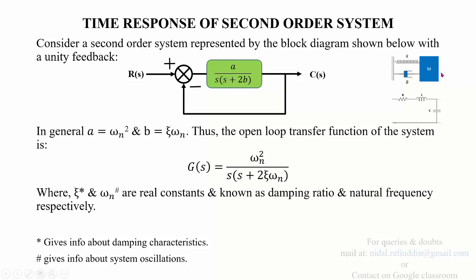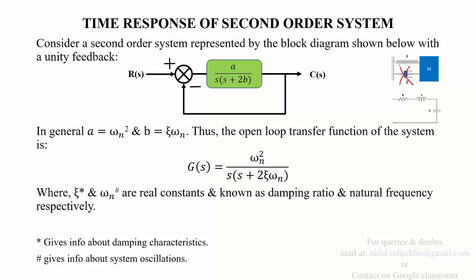If you give a hammer blow to this mass, it is going to have kinetic energy stored within it, and it will start moving and compress this spring. So we are talking about a system comprising only a spring and mass, and for the time being we forget about the dashpot.